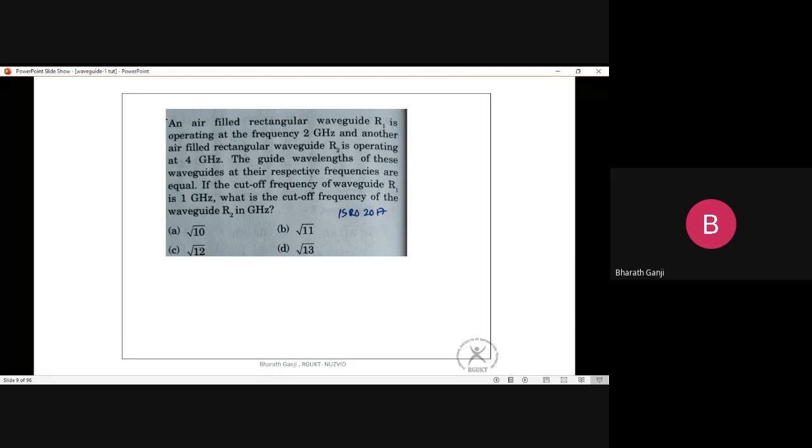If the cutoff frequency of the first waveguide fc is 1 gigahertz, what is the cutoff frequency of the second waveguide?